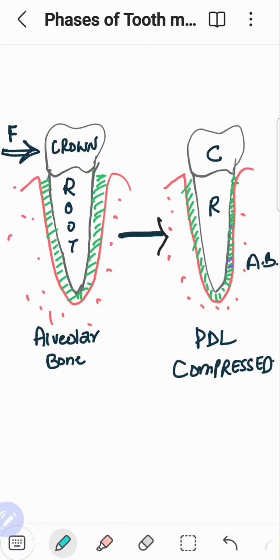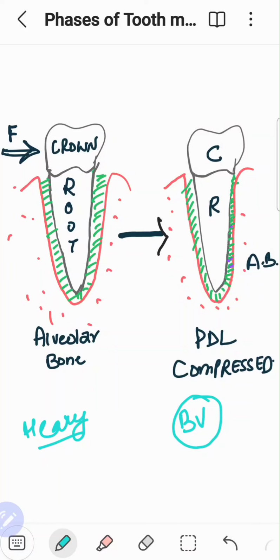So basically, in the lag phase, whenever heavy forces are being applied to the tooth structure, the hyalinized fibers are completely compressed along with the blood vessels, which are completely occluded, which ultimately leads to insufficient blood supply.